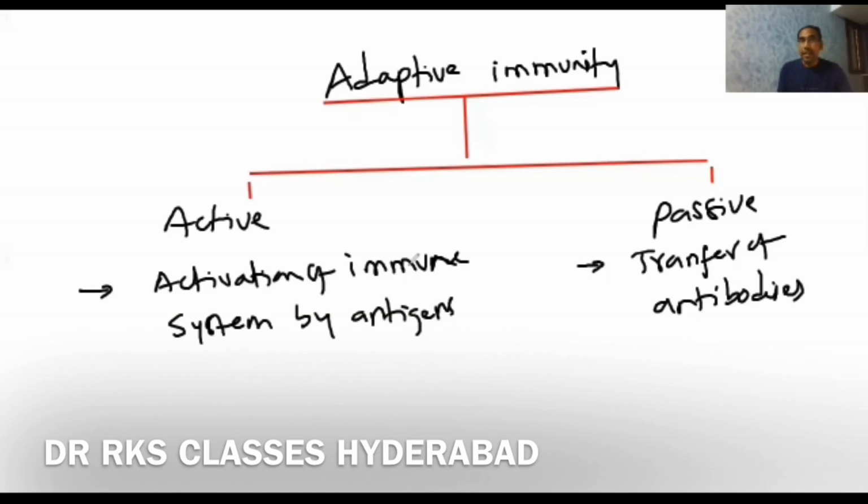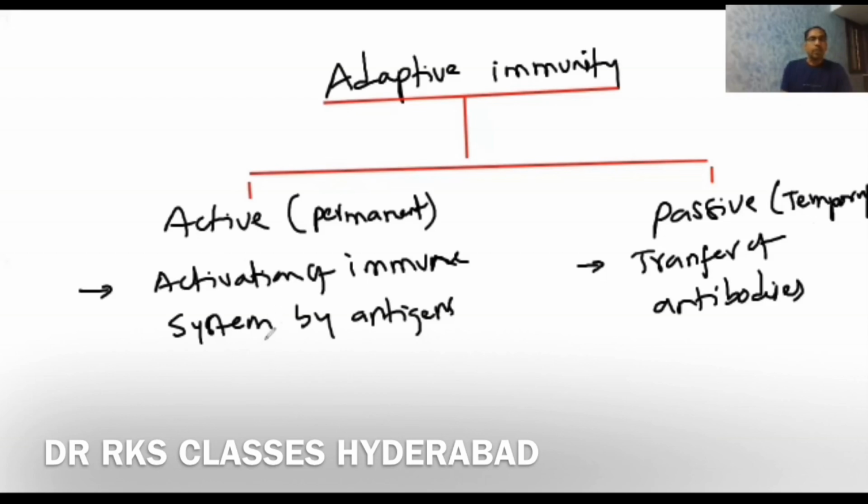And the immunity developed through active process is permanent, whereas the immunity developed through passive process is temporary. As long as the antibodies are found within your body, they can fight with the infection. But these are not long lasting. So the passive immunity is purely temporary process.